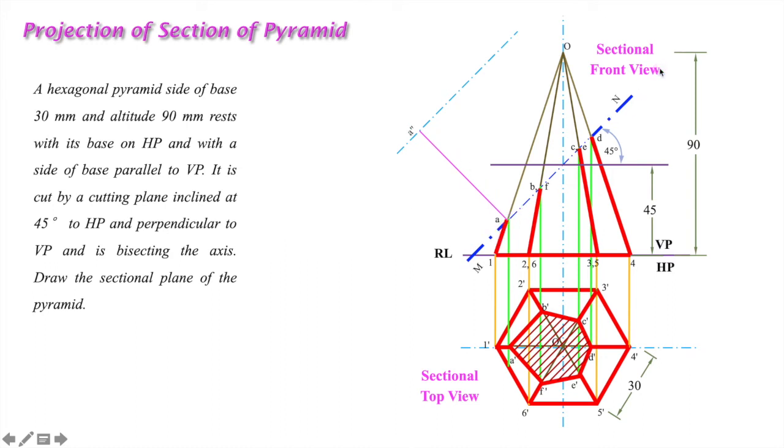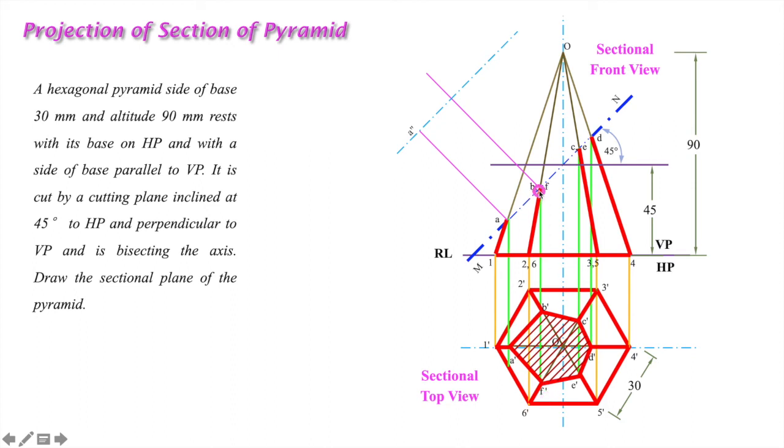Similarly, at this end, this point will be named A double dash. Then draw the line from B and F. A is a point, but B dash F dash is not a point.